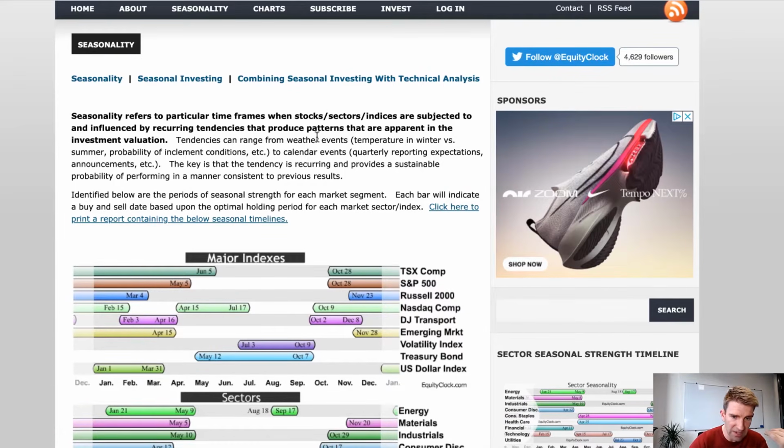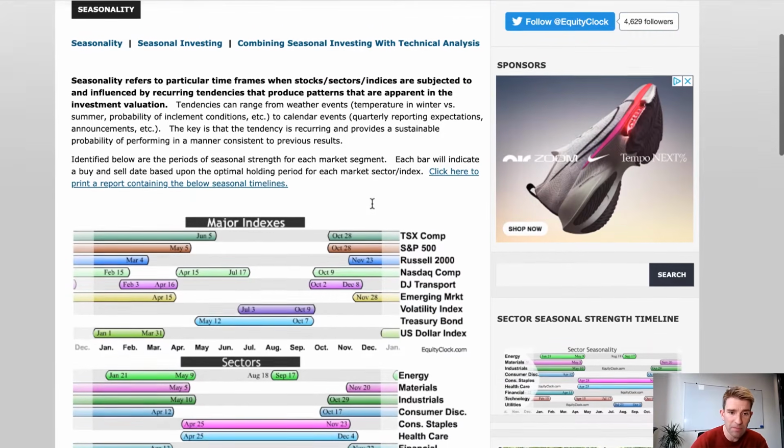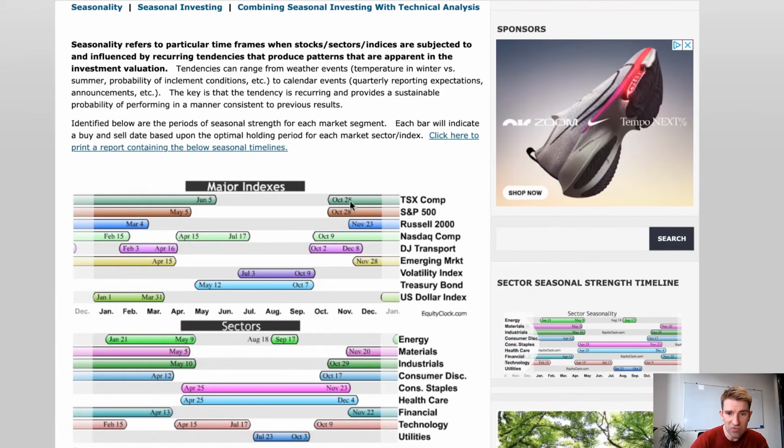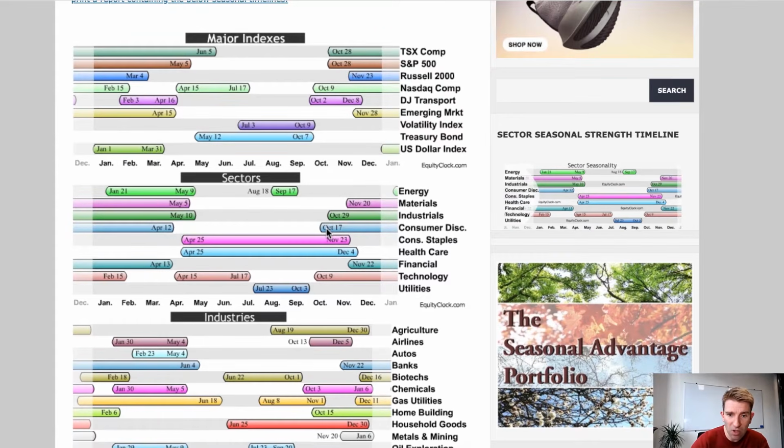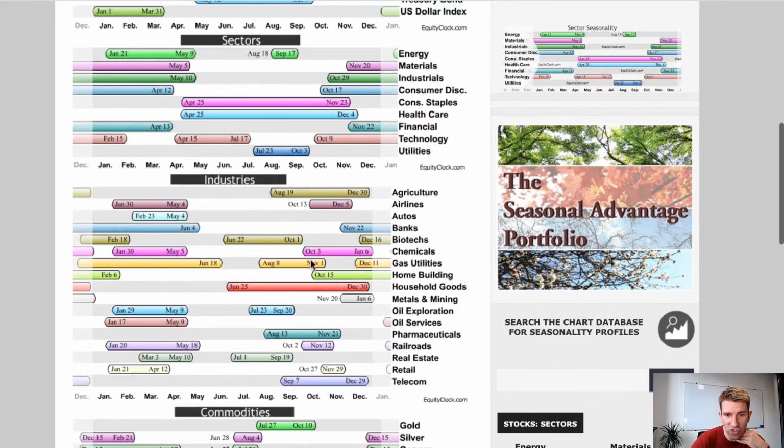In other words, identified below are periods of seasonal strength for each market segment. So this basically says, during this period here, this is the stronger period. As we start October, technology starts to become strong. From the 17th of October, consumer discretionary starts to become strong. Among industries, chemicals have a little bit of a run from October to January, etc.